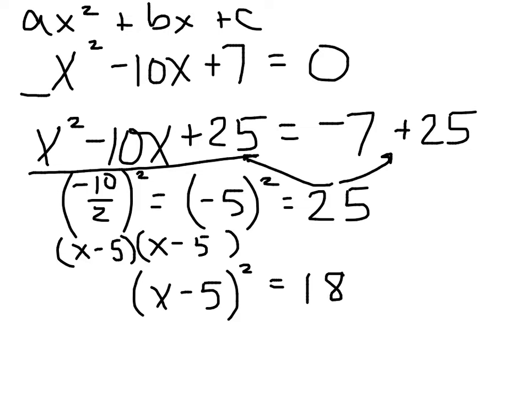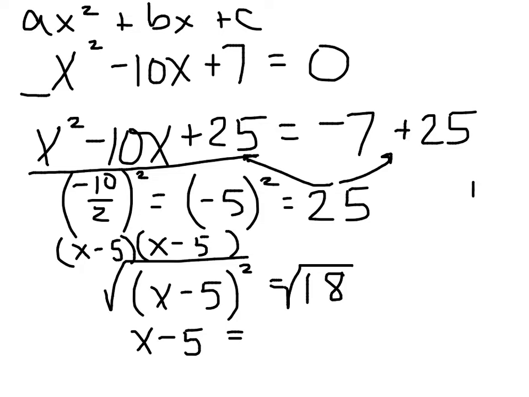What was step 5? Square root both sides. What's the square root of x minus 5 squared? X minus 5. On the right-hand side, what's the square root of 18? It's not a perfect square this time.